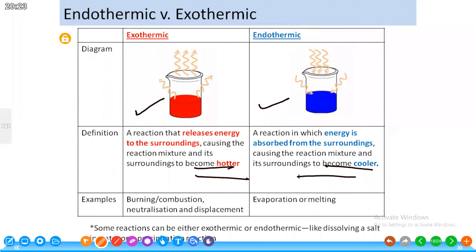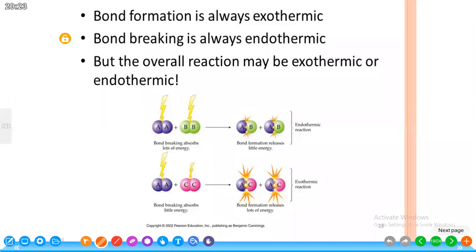You must remember the examples for each one: burning or combustion and neutralization are examples of exothermic reactions, and evaporation or melting are endothermic. Another question is whether bond breaking or bond forming is exothermic or endothermic.